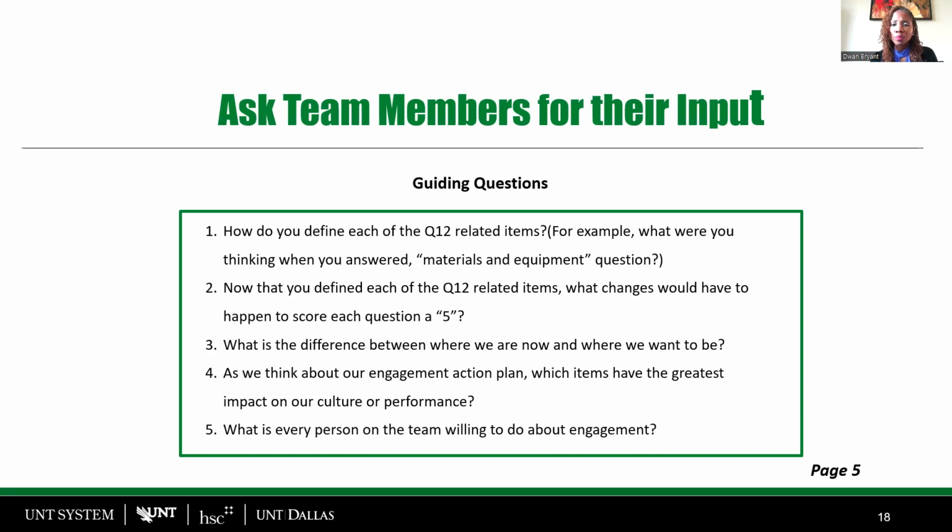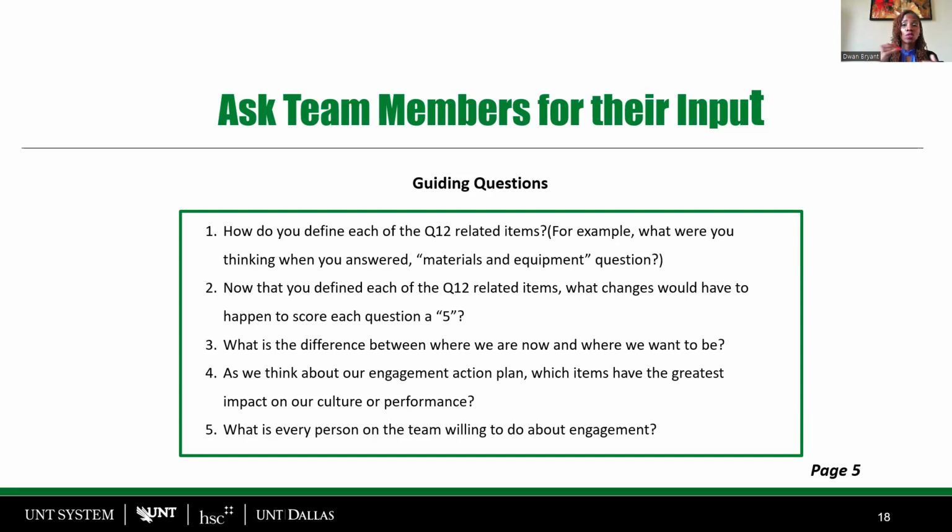And so this is a guiding question template. And I'll just read the first one just to give you an example of how you can integrate this into your meeting. So you would ask everyone the same question. How do you define each of the Q12 related items?